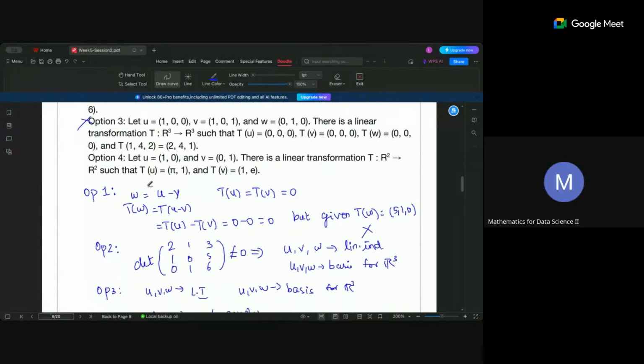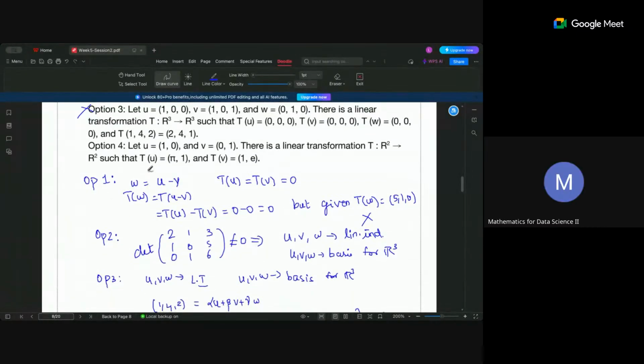Now look at option 4. U and V are basis elements, T from R2 to R2. You are given some vector for T of U, some vector for T of V. How is this a linear transformation? You know that these are elements from R2.